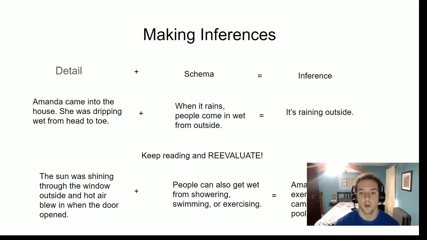So for these questions, the detail might be in one paragraph, but the events leading up to that detail are in a different paragraph, and you really need to understand what's happening in the first paragraph to make a smart guess about what is asked about in the second paragraph.